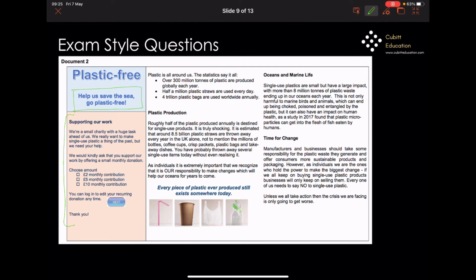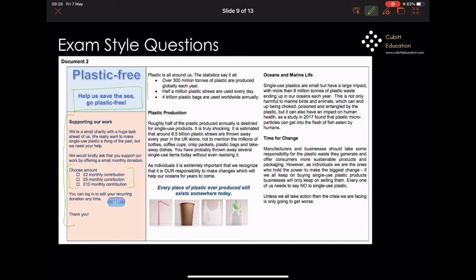We really want to make single-use plastic a thing of the past, but we need your help. We would kindly ask that you support our work by offering a small monthly donation, and then you can choose the amount to donate. You can log in to edit your recurring donation anytime. Thank you. All right, and then it's got some information.